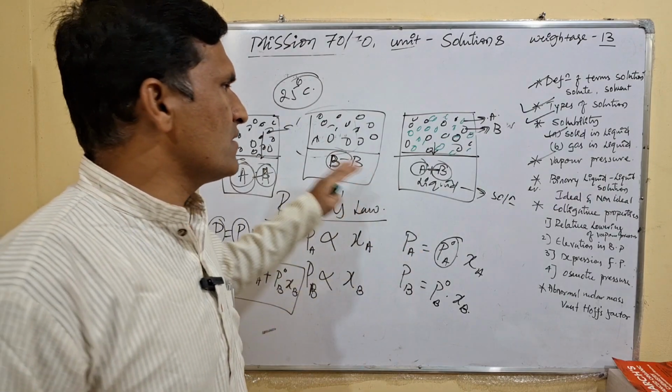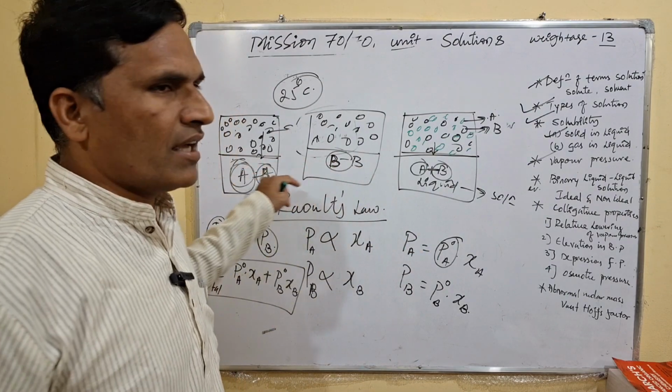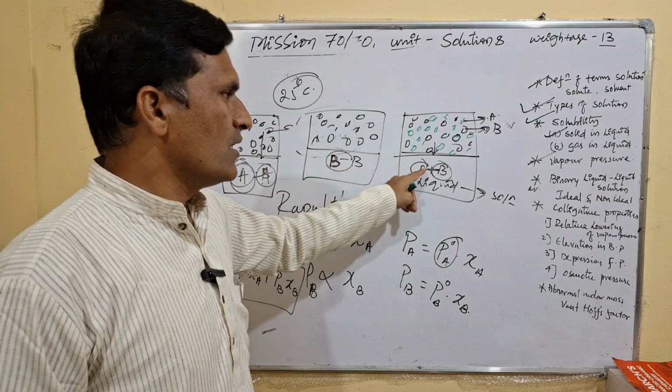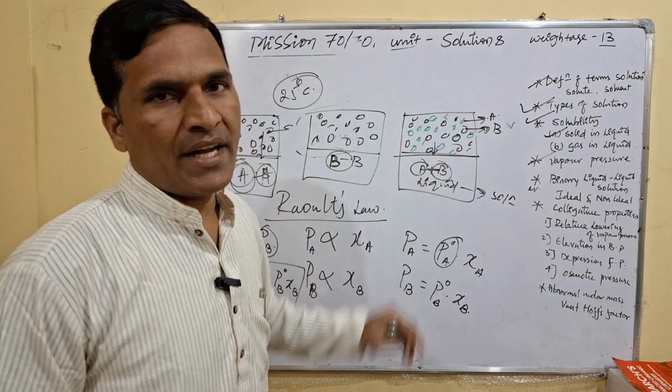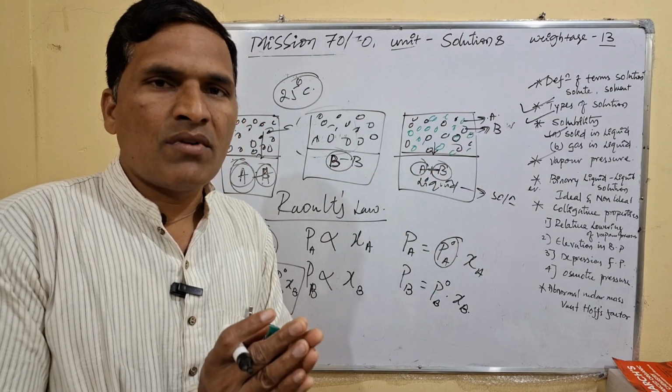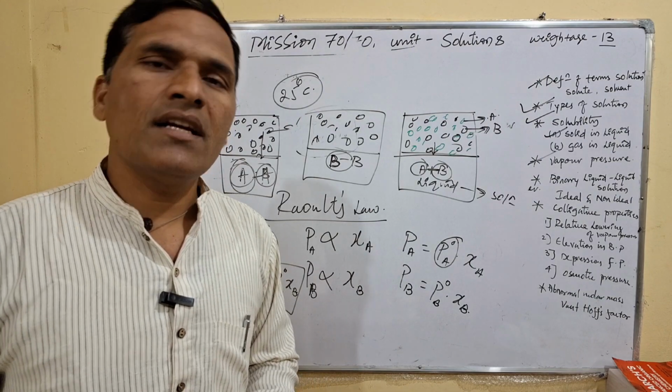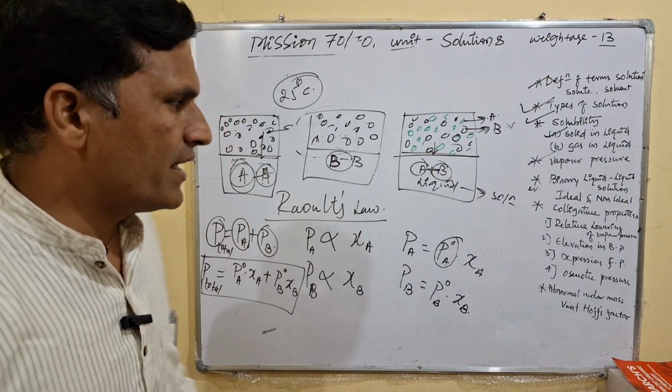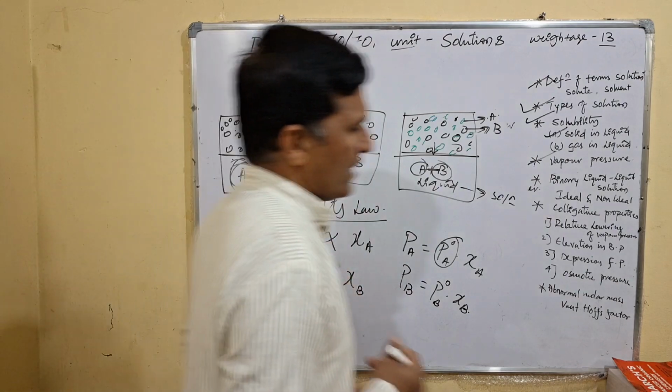If the interaction between A and B on mixing is not as good as in the pure state, then it is moving away from ideality, and it is called a non-ideal solution. We'll see that one.